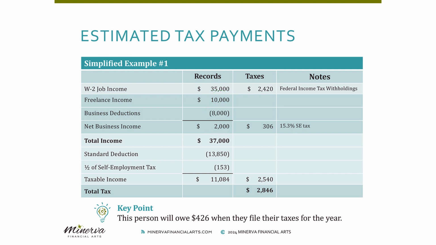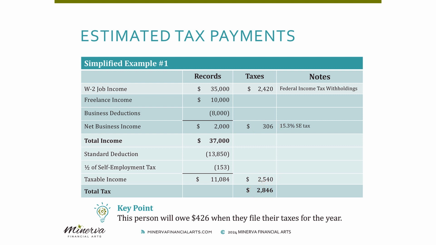The self-employment tax on that will be just over $300, and after we adjust for the standard deduction and half of that self-employment tax number, their taxable income is $11,084. That means their real total tax for the year is going to be $2,846. That's the sum of their federal income tax and also the self-employment tax.